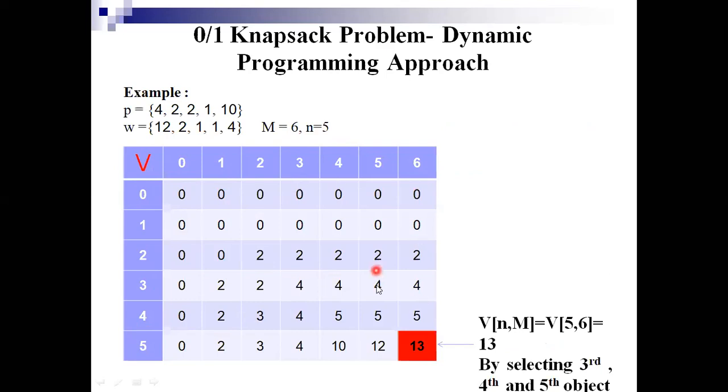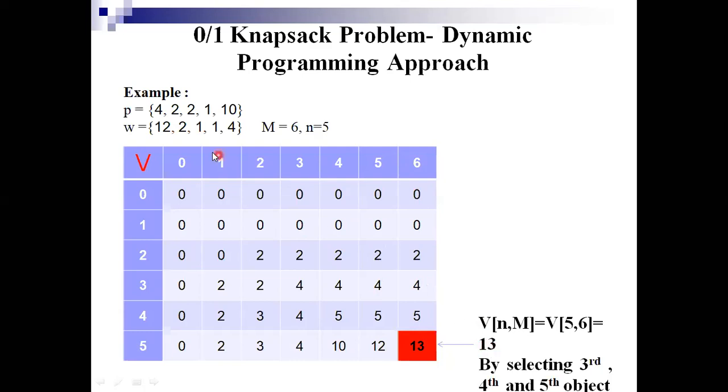So I'll fill this, where my maximum profit is in the last row and the last column, which I've indicated with the red cell. So it is 13. The profit thus obtained is V of 5 comma 6, which is 13. All the cells here represent my sub-problems, right?